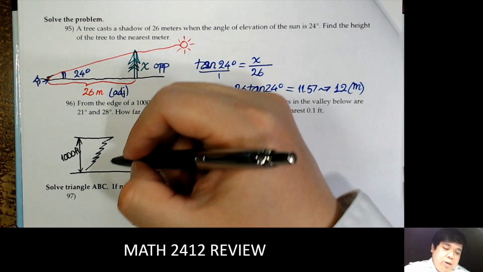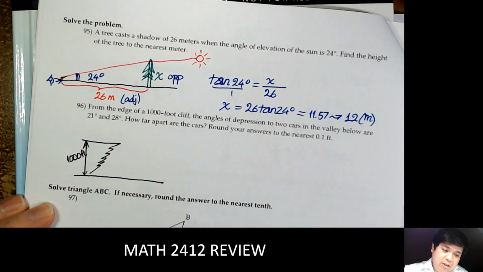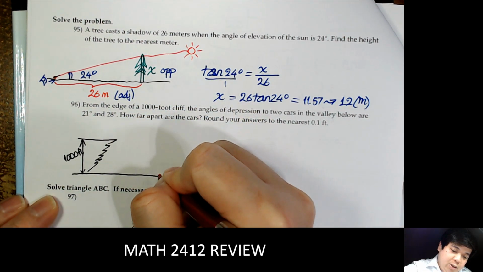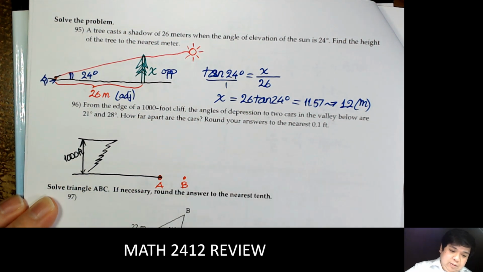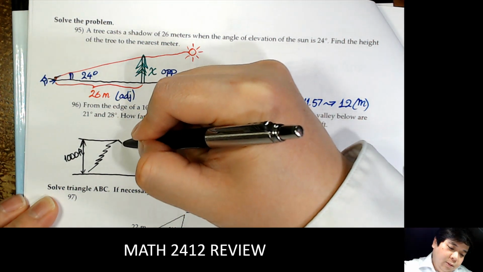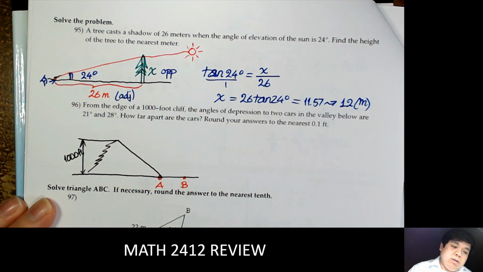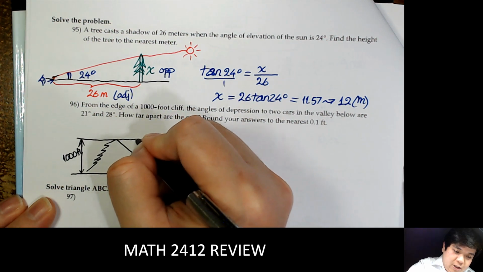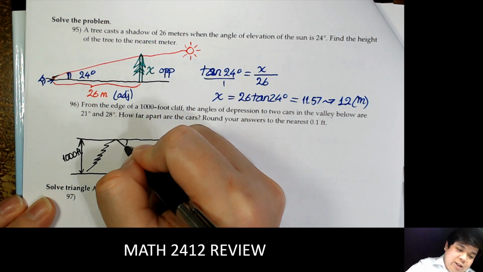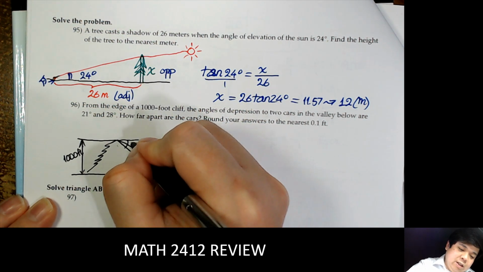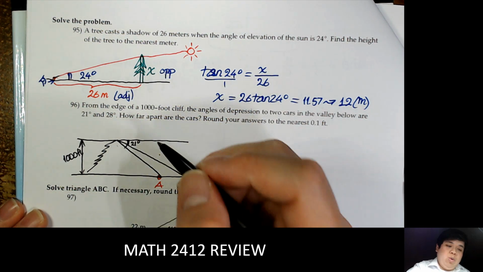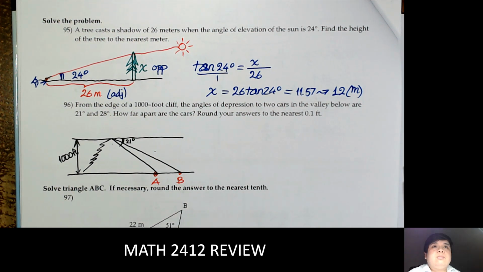And when we look down, there will be two cars, one here and one there. The small angle is 21 degrees and the big one is 28. How far apart are the cars?